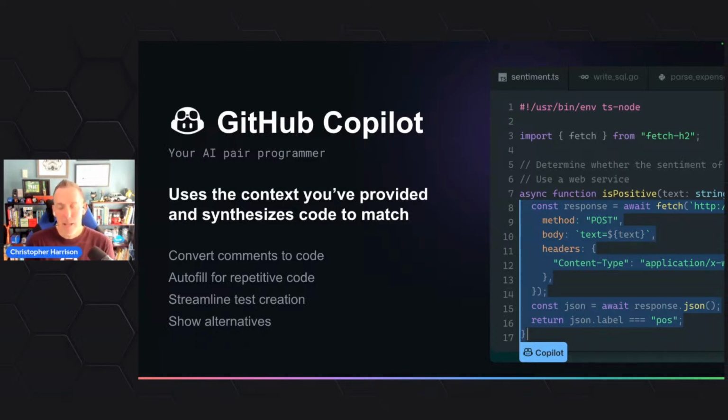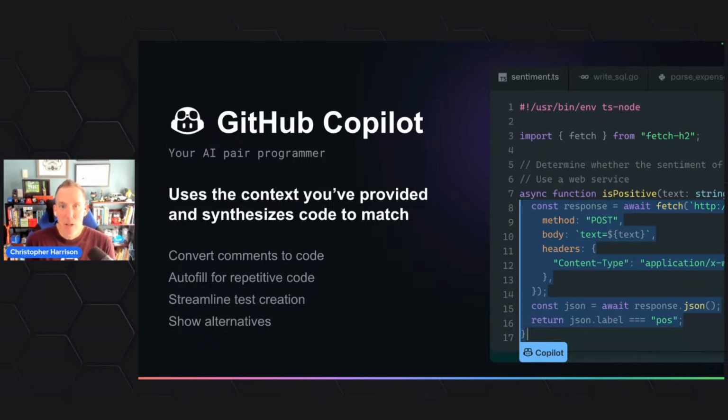So one big thing, and you'll hear me say this a handful of times, is the fact that generative AI is probabilistic, not deterministic. It's making a very educated assumption in the code that it's going to generate for you.